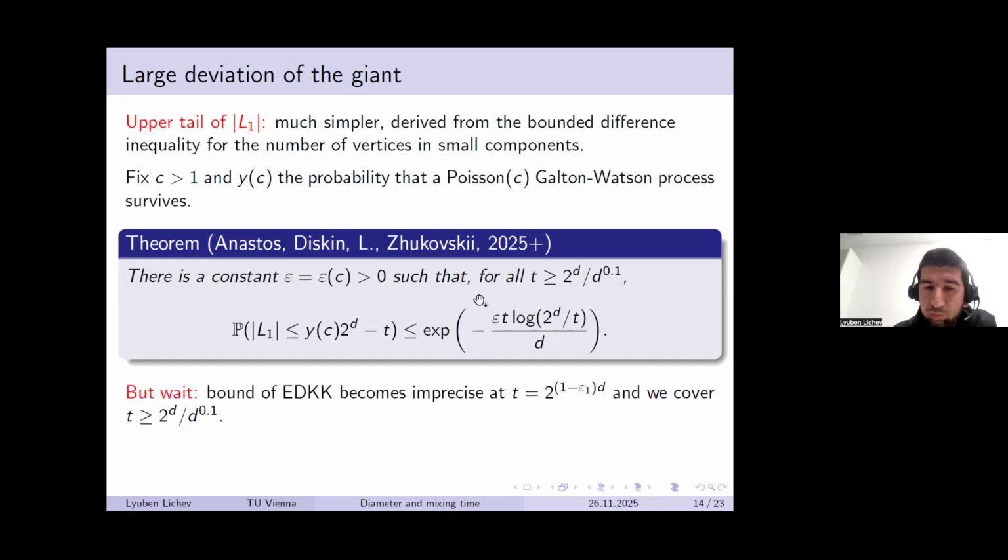But there is a problem. The result from the previous paper I showed you had optimal bounds for the expansion of sets of size n to the epsilon, but from n to the epsilon onwards, they actually had a problem.